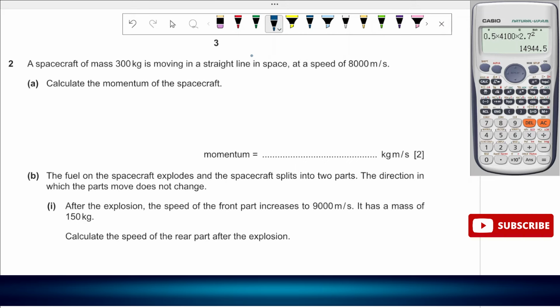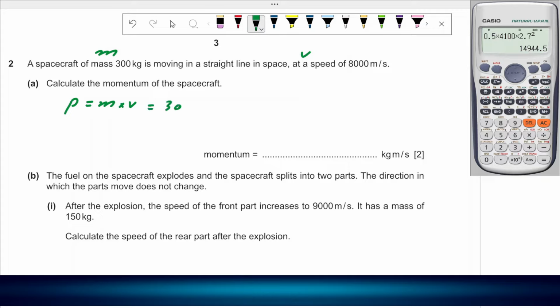Alright, so this is the next question that we have. A spacecraft, the mass of the spacecraft is 300 kilograms. It's moving in a straight line at a speed of 8,000 meter per second. So speed is also given, 8,000 meter per second. In the first step, we need to find momentum. The formula of momentum is product of mass and velocity. Mass is given as 300. Velocity is given as 8,000.